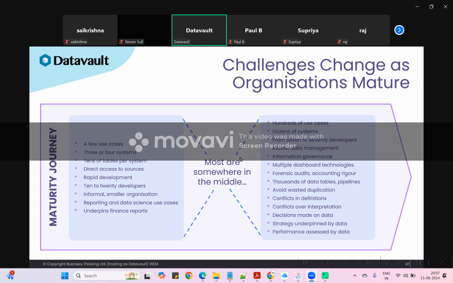On the other hand, I deal with bigger companies, the ones on the right. Those have been around for a while, and they have all kinds of issues inside a business, like lots and lots of use cases, lots of systems, a small number or very large number of developers, and they're doing all kinds of projects with all kinds of technologies.